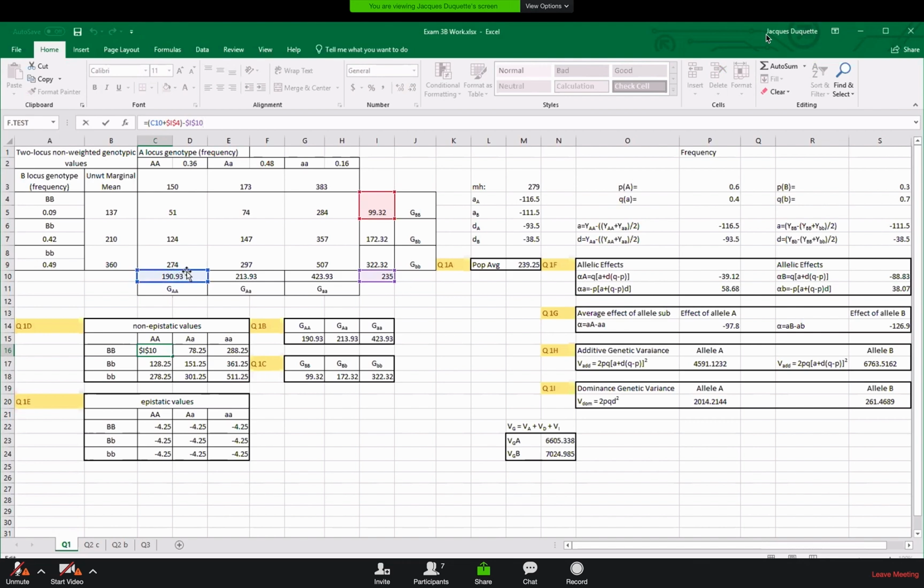What did you do for your allelic effects? Because I had used the same equation. I have the updated chart and everything, but my numbers are different. That's not right. Just a second.